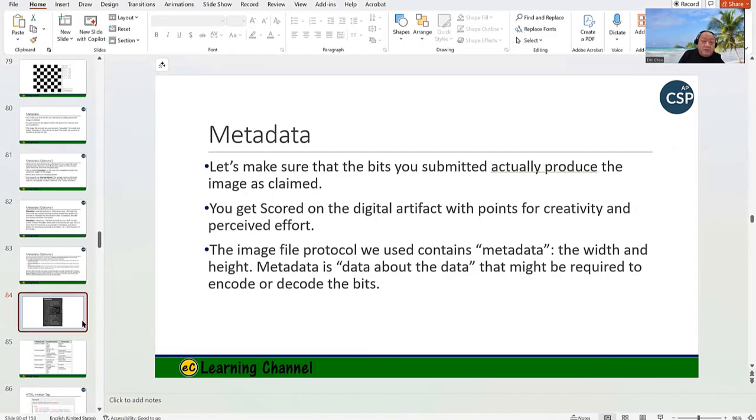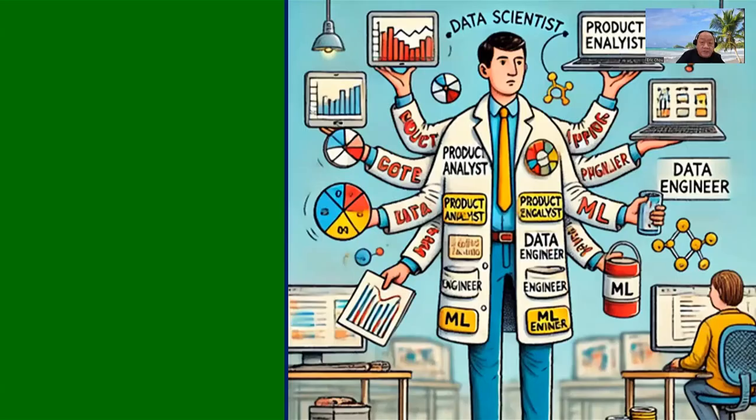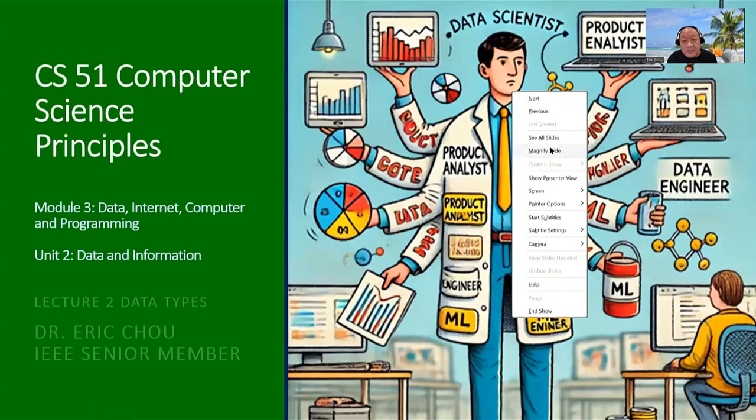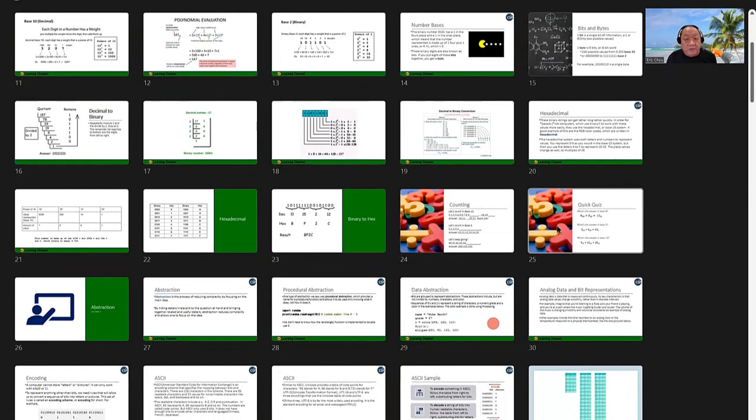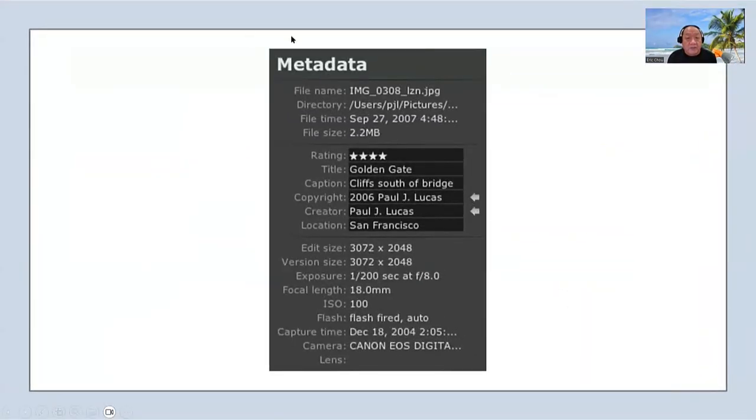Yeah. So description of the data is not data itself. So it's not the picture itself. It doesn't represent the picture itself. Instead, they give you the idea of what kind of data being stored in the file. So for example, this one is an image file, a JPEG file. Directory is where, file type is where, size of the file, rating of the file, the title of the file is the Golden Gate. Okay.